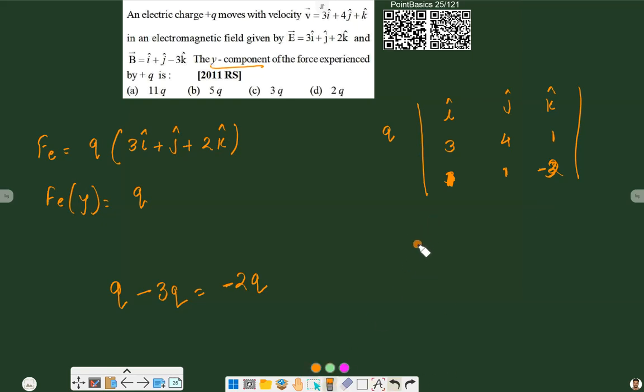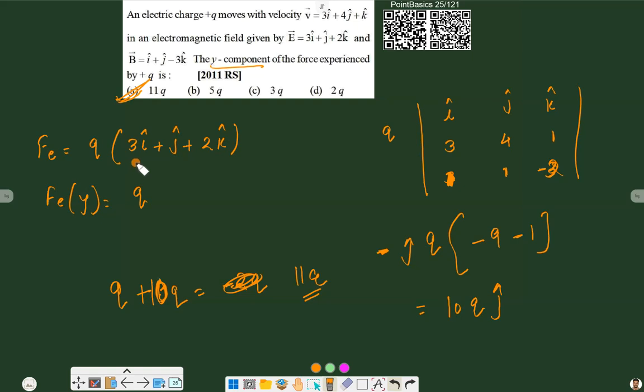So here the Y component will be, with negative sign, 3 into minus 3, so minus 9, and 1 into 1, minus 1. So it will be minus 10, with the minus already over there, so 10Qj. So it is 10 times Q. So the final answer will be 11Q, and that is option A.